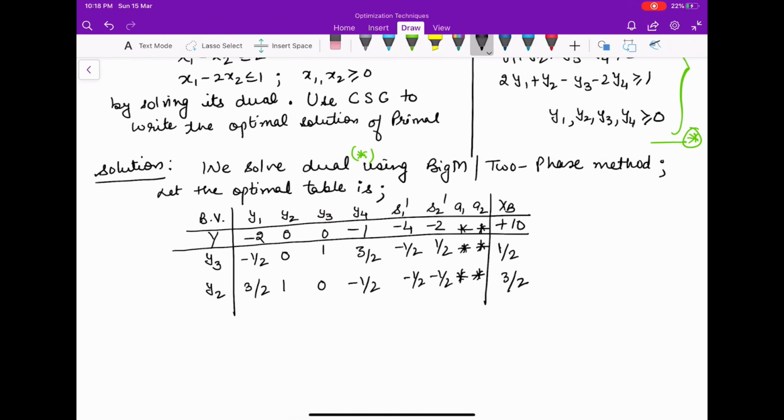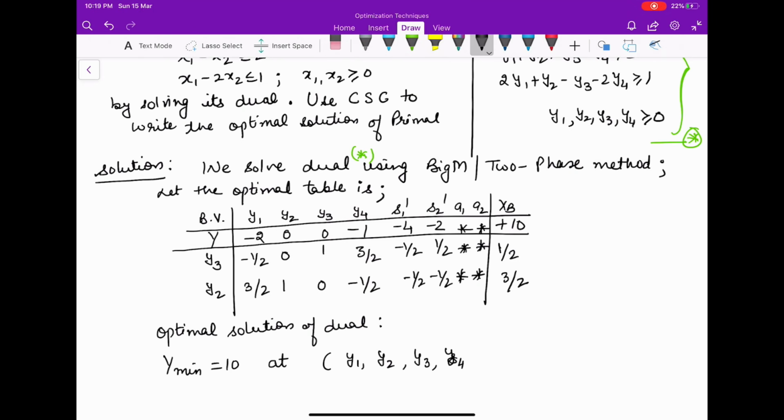Now the optimal solution of dual is y minimum is 10, and the complete set of the solution is y1, y2, y3 and y4, and we also have s1 dash and s2 dash.